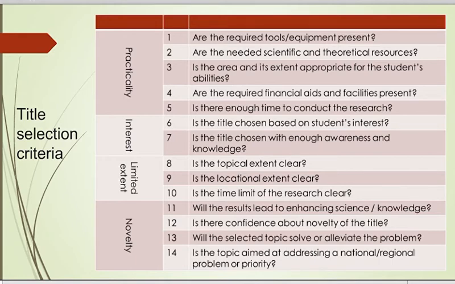Number 14. Is the topic aimed at addressing a national or regional problem or priority? So, the last question we ask ourselves is whether the topic is addressing a national priority or a national problem.